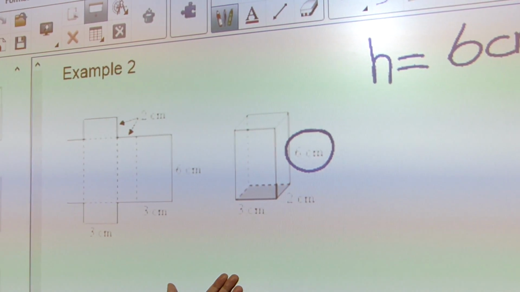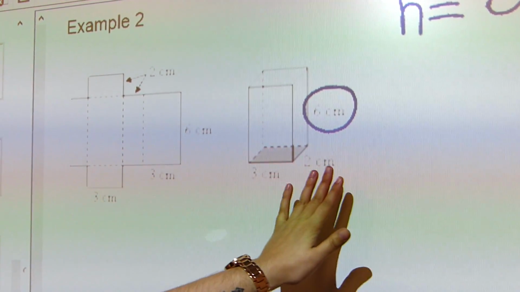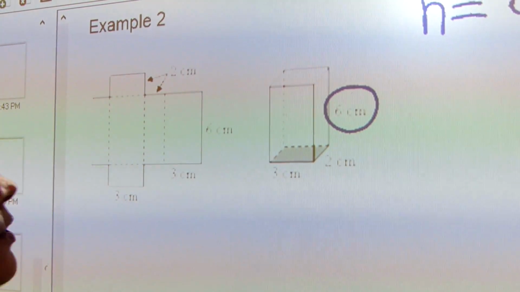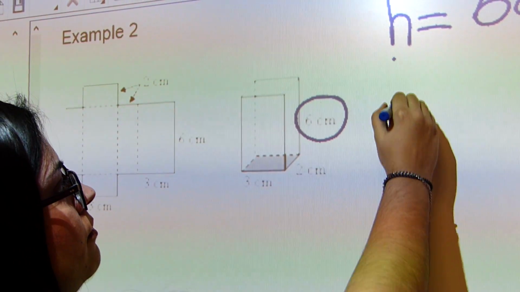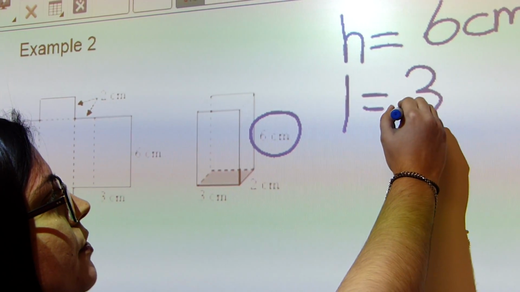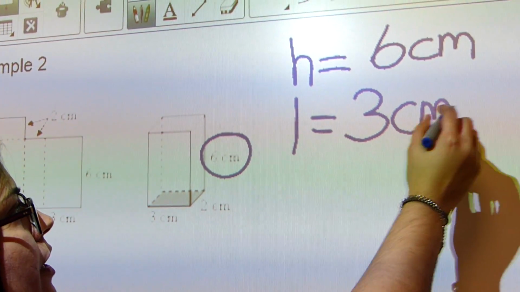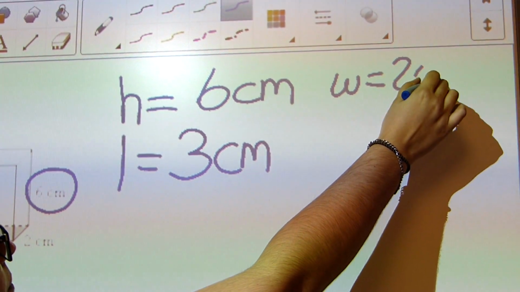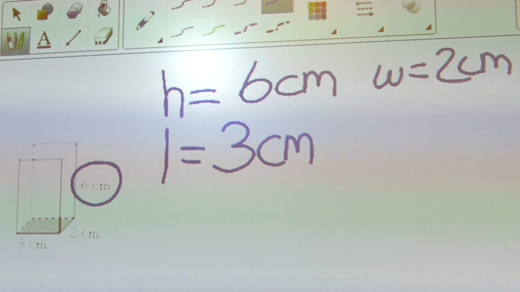Now we have our length and width. It doesn't matter which you label is which, because they are interchangeable. So let's just say the length for now is 3 centimeters, and your width I mean, is 2 centimeters. Okay?